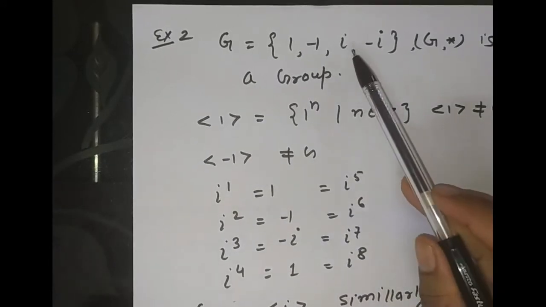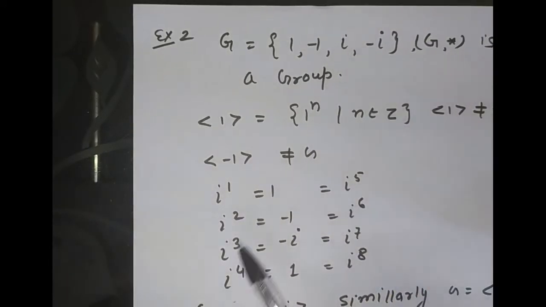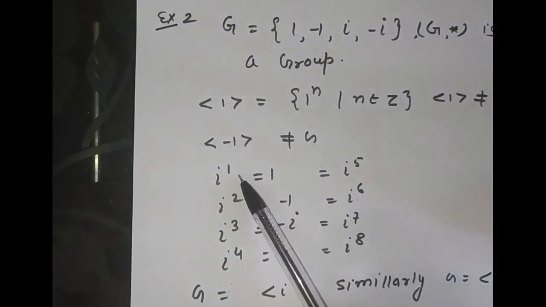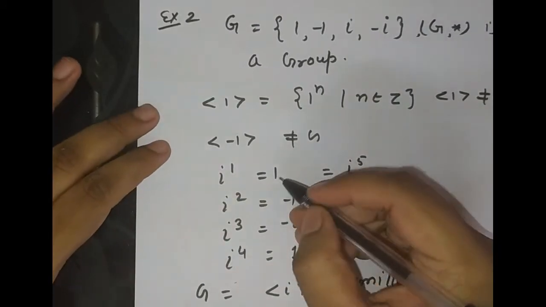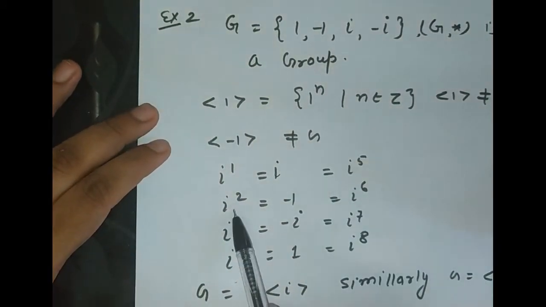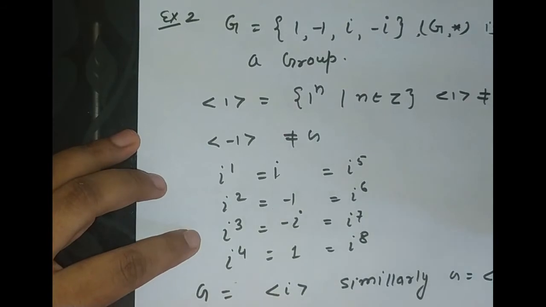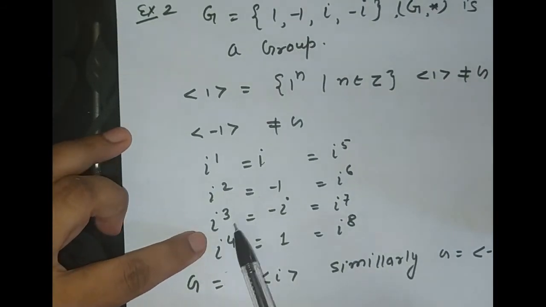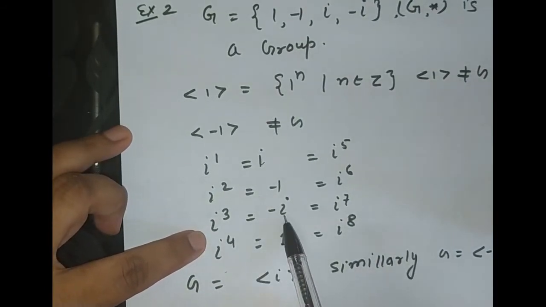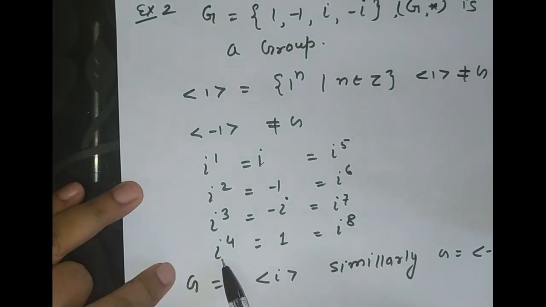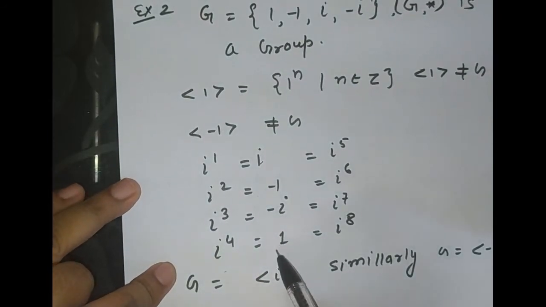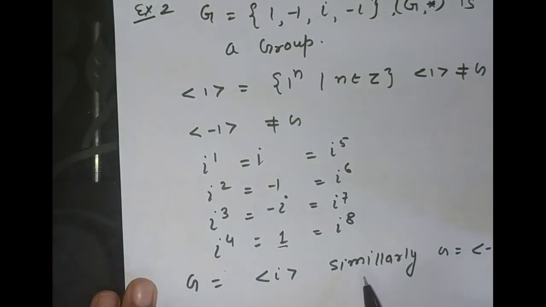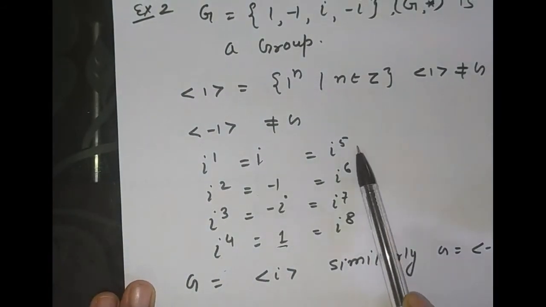Now taking the next value, that is iota. Iota to the power 1 is equal to iota, iota to the power 2, the value is minus 1. Iota to the power 3, the value is minus iota. Iota to the power 4, it means the value is 1. So this iota is the generator of this group.